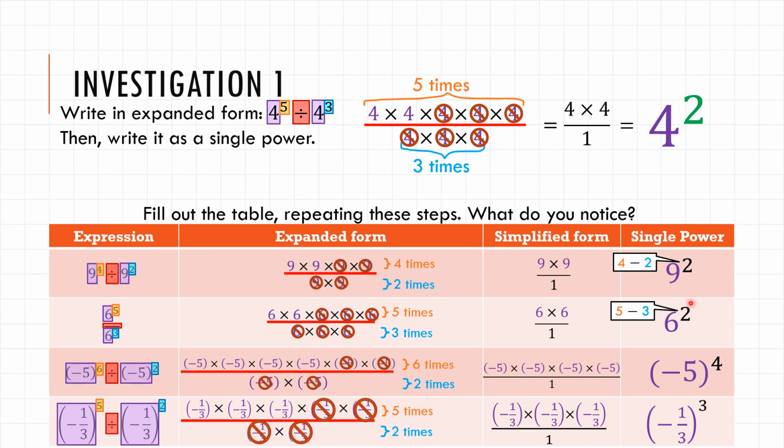Doesn't this number represent how many are left over after we cancel them out? Over here, how did we end up with 4? We can see that same pattern, right? We started with 6, we canceled out 2 from the bottom, and that left us with 4. And finally, when we started with 5 and removed 2, that left us with just 3 of this number being multiplied by itself.